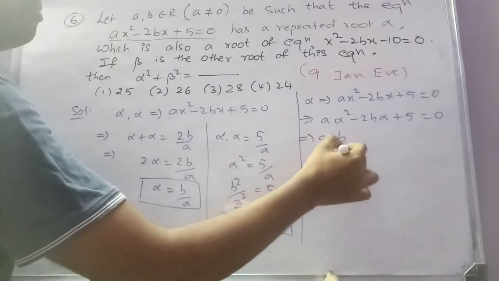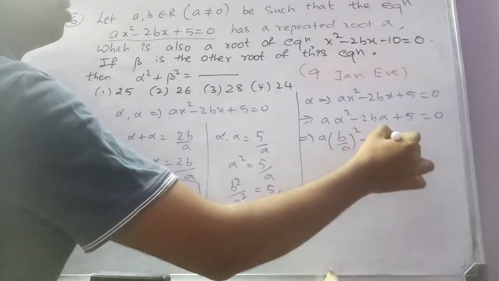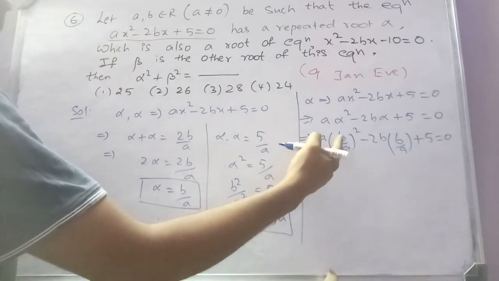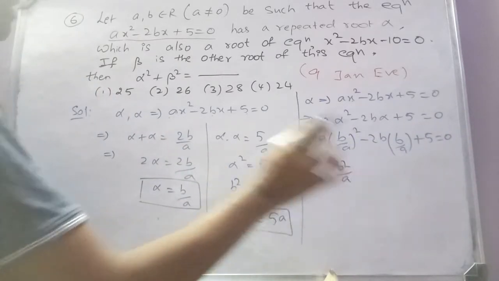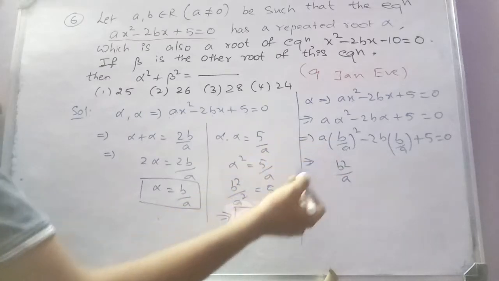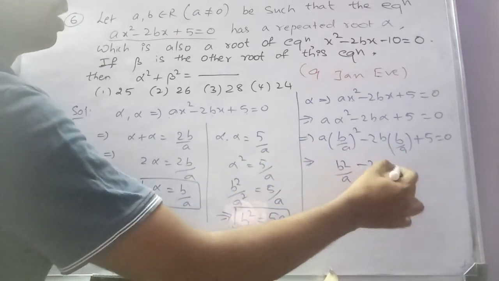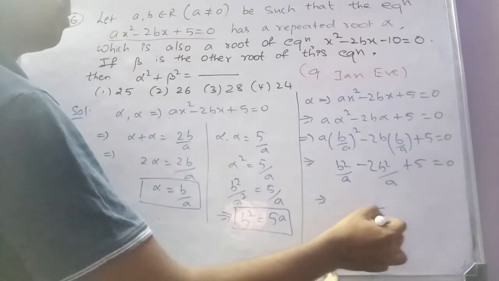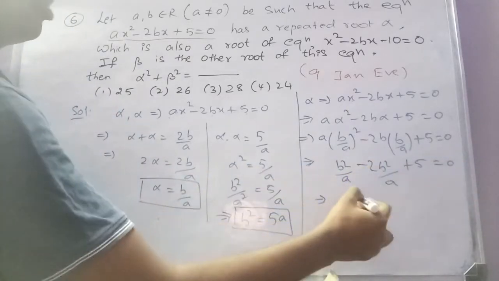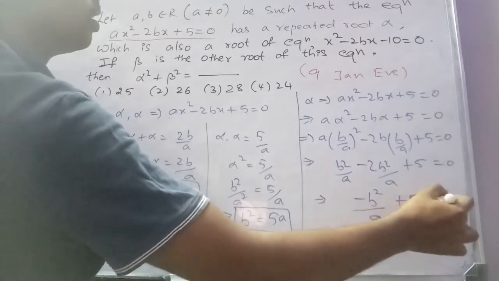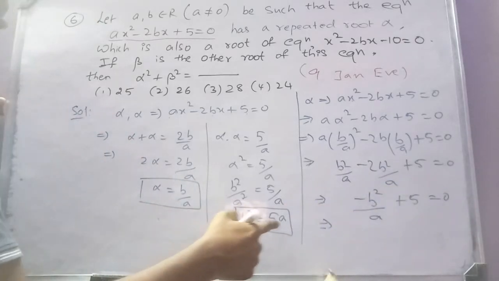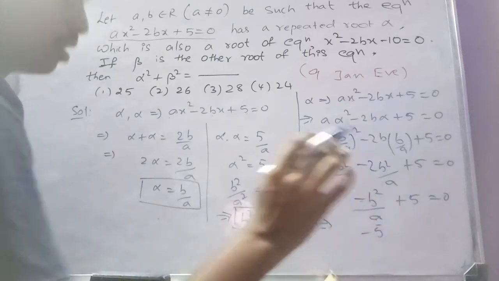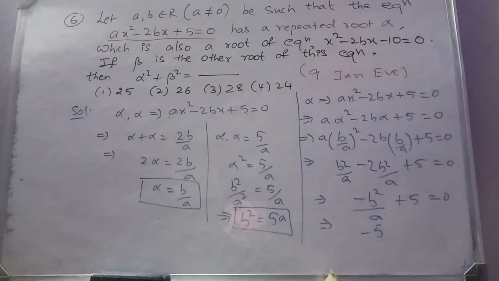So a times b by a whole square minus 2b into b by a plus 5 equal to 0. So b square by a will come, because a and a square get cancelled, and minus 2b square by a plus 5 equal to 0. Here I have got a common denominator a, and b square minus 2b square is minus b square. So we already know that b square value is 5a. Substitute here. So minus 5a by a is minus 5. Wait a second. Here I am getting minus 5 plus 5 equal to 0.